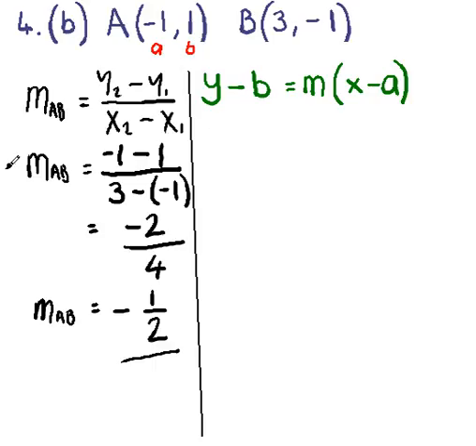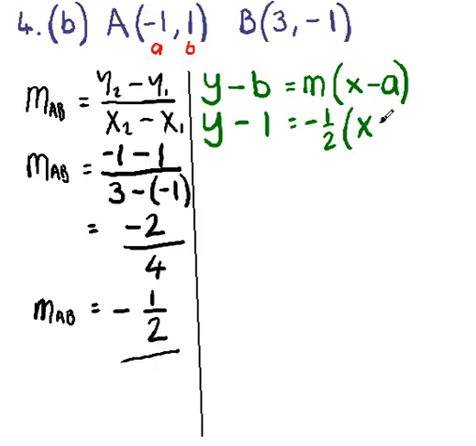So substituting our values for a, b, and m into our formula, we get y minus b, which is y minus 1, equals, and m was minus a half, and x minus a.